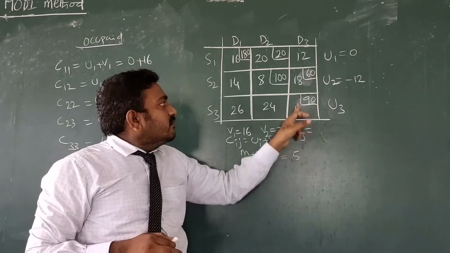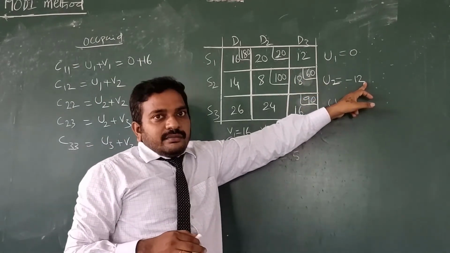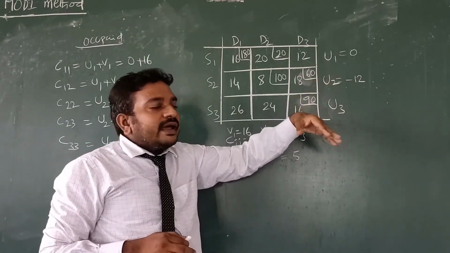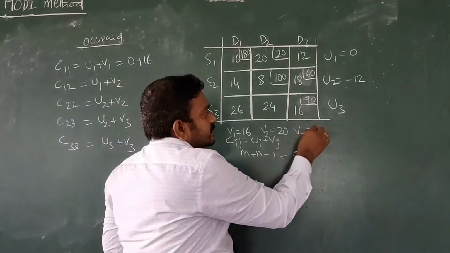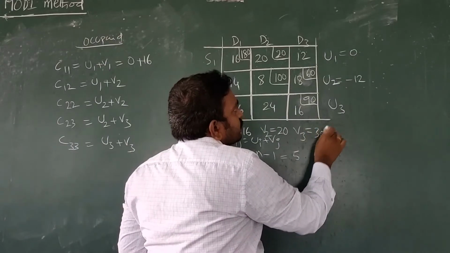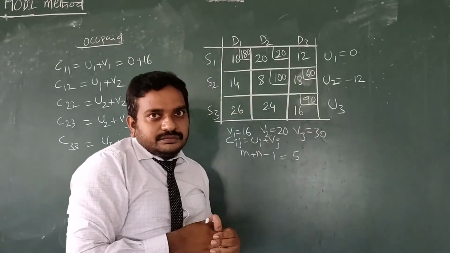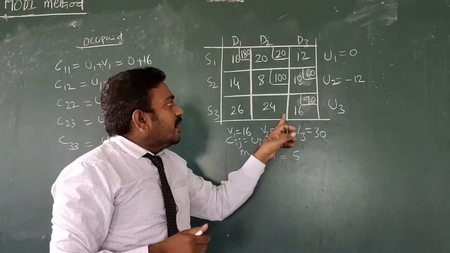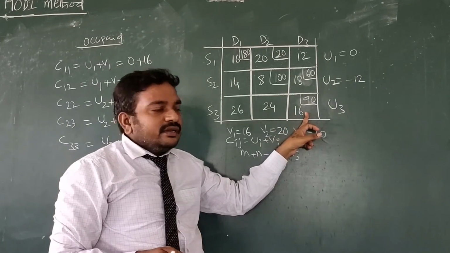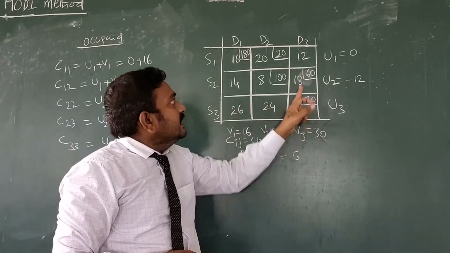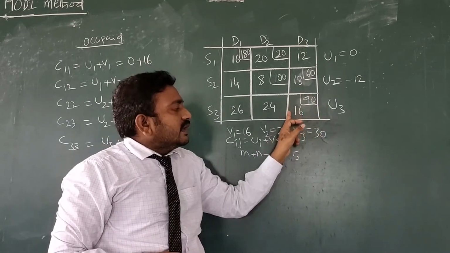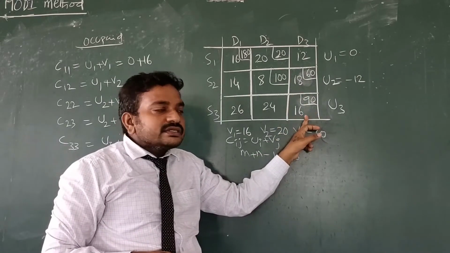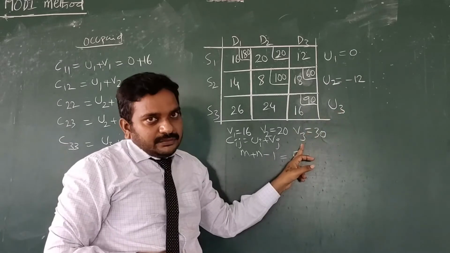One of the values is minus 12. By adding or subtracting what value does this become 18? So this might be 30 minus 12, that equals 18. Now you have the last cell of the table, that is S3 D3. You need to get 16. The corresponding U, V values are U3, V3.